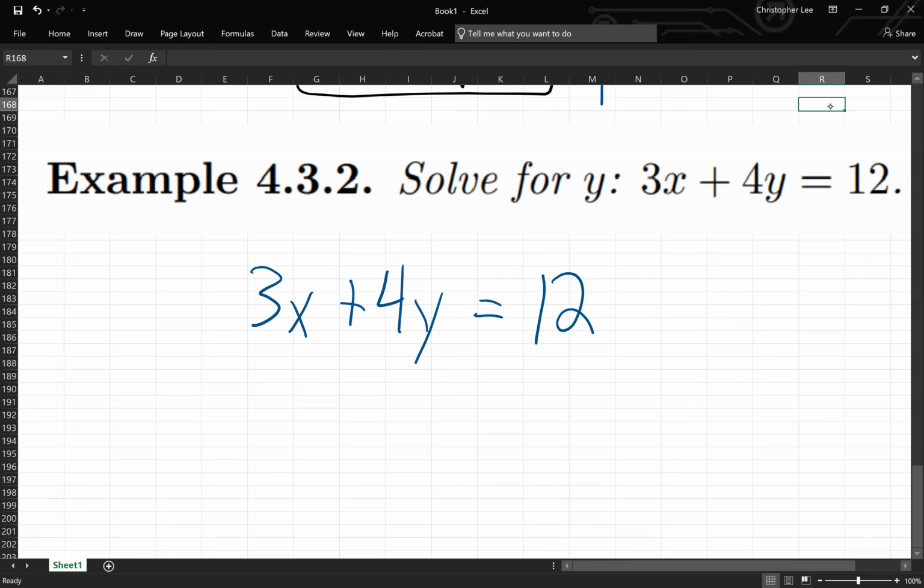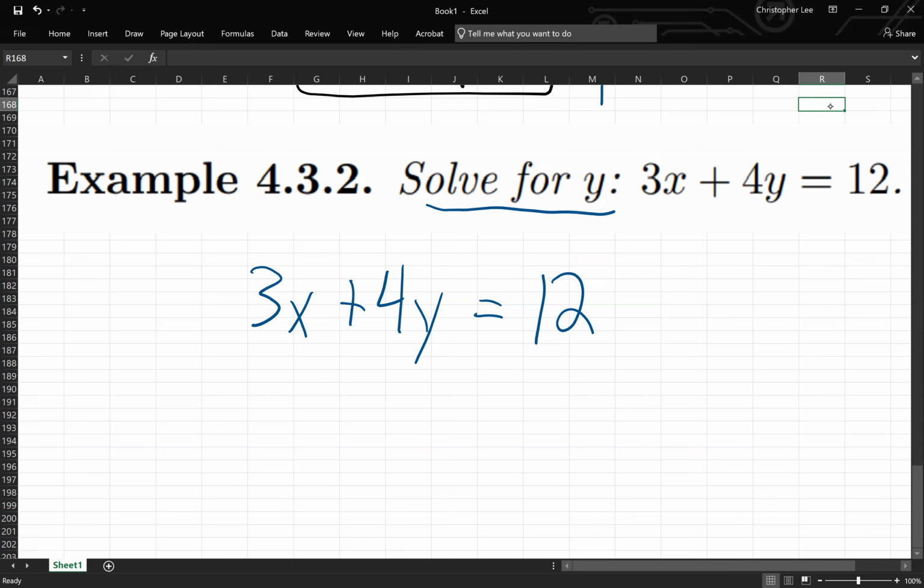So I have 3x plus 4y equals 12. How do I solve for y here? That's what they want me to do, solve for y. What should I do first? Remember what I want, right?